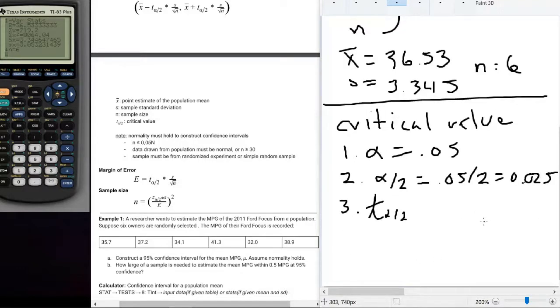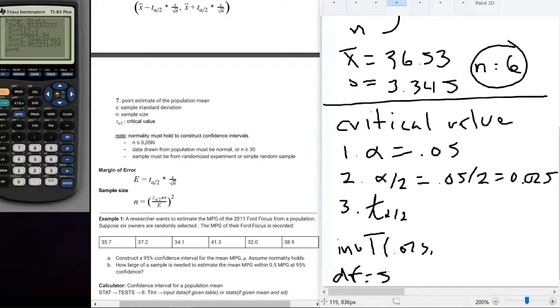We can either use inverse T with area 0.025. Degrees of freedom, well, if sample size is 6, degrees of freedom is 5. Okay. That's going to find my missing T value, and just like before, always take the positive.